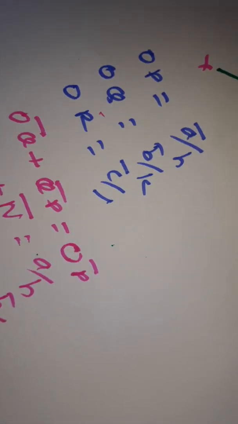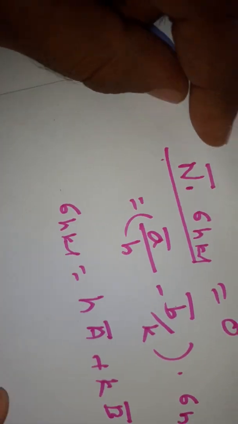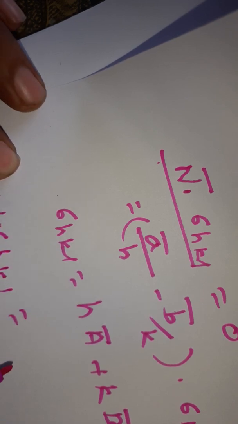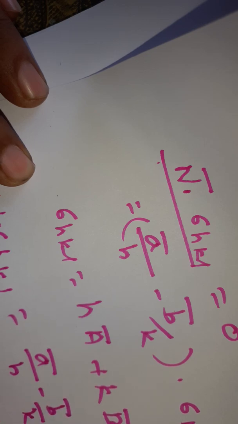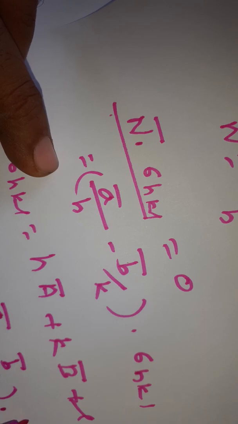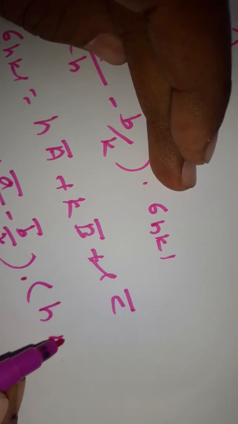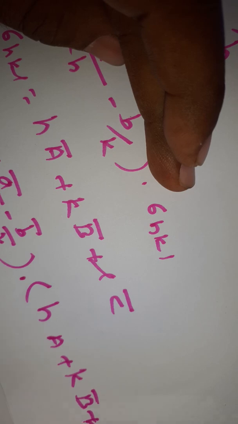So we got that scalar product, which is equal to A bar divided by H minus B bar divided by K, dot H A bar plus K B bar plus L C bar.